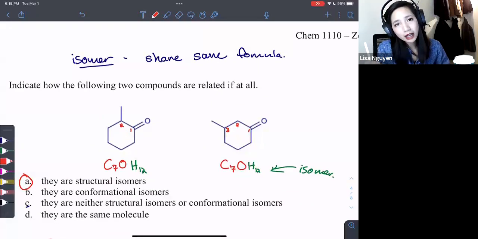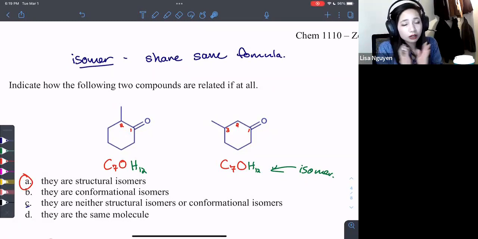They are made of the same Lego pieces. They are just connected differently because we have a methyl group connected here in this molecule, but it's connected somewhere else in this molecule. So right off the bat you might think, oh, those are different molecules, they're unrelated, but they actually are related. They are similar molecules.